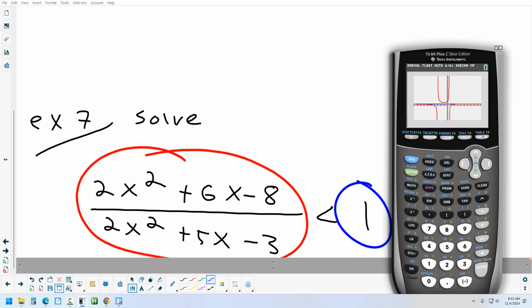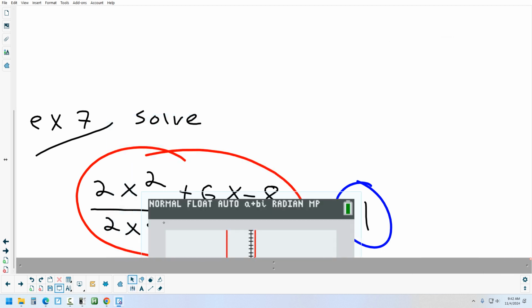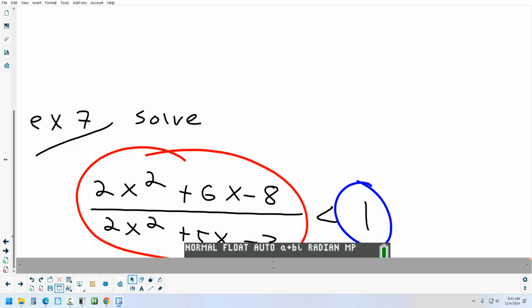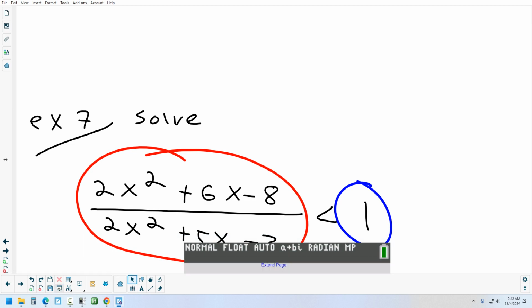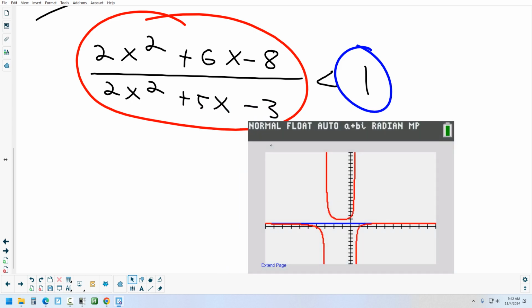You still can't see what I was going for that well, but that's fine. Which part of this graph does it look like is never less than 1? And we can basically ignore it. The part in the middle. I'm not seeing anything there that goes below the blue line, so we can ignore that part.